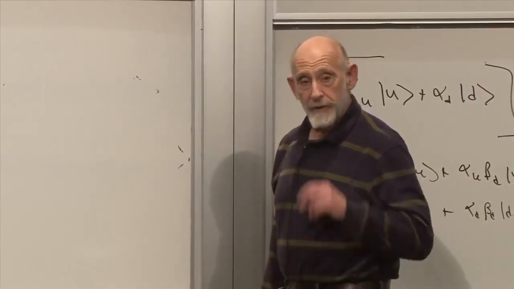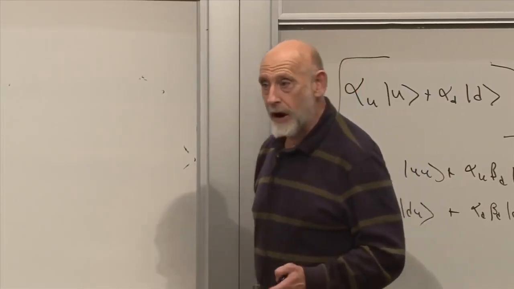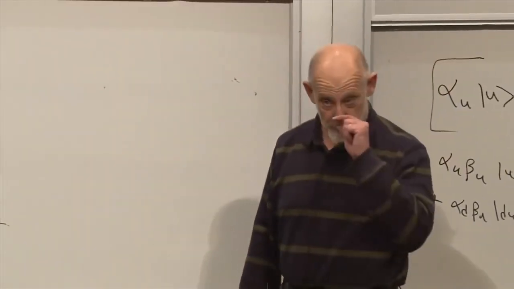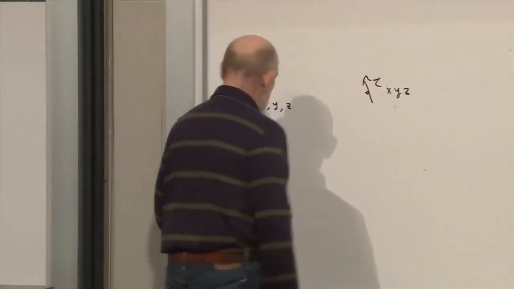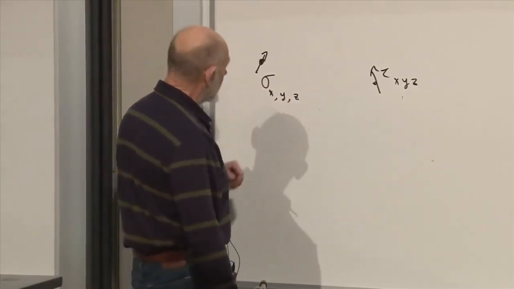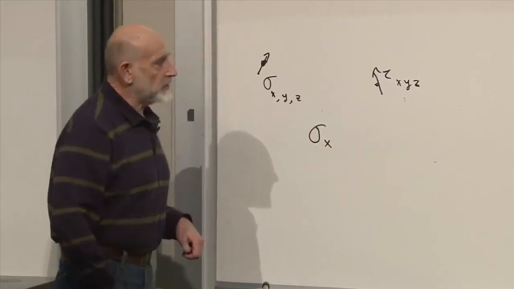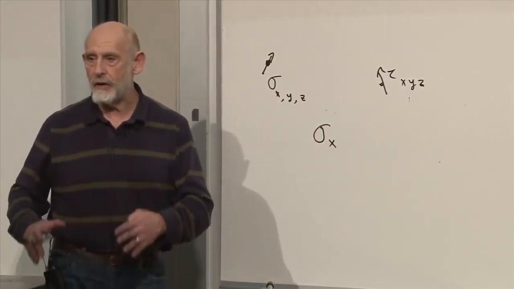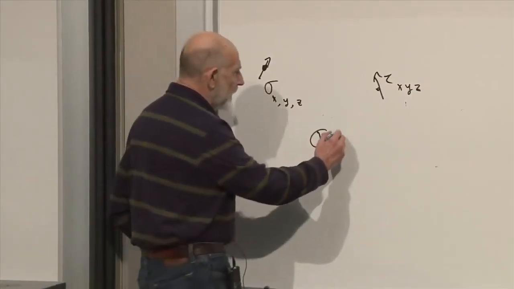Let's see if we can figure out how these operators ought to operate on the states of the combined system. All right, now you can sort of guess. I'll spell it out, but here's the rule. Let's take sigma x and apply it to a state of the sigma system. Obviously, it belongs with the sigma system.